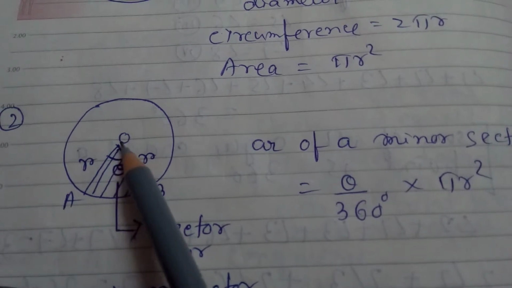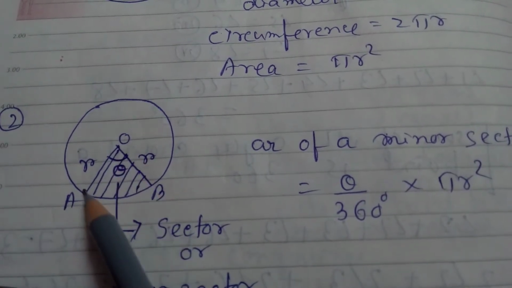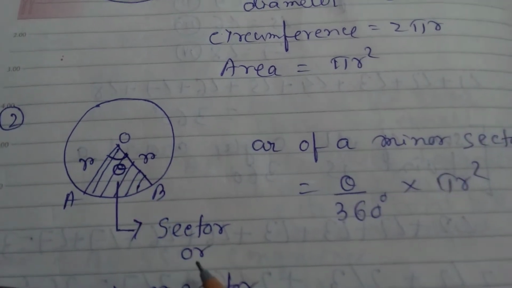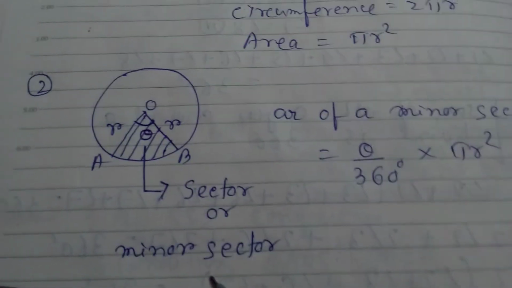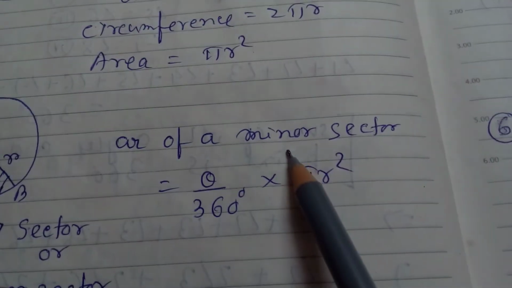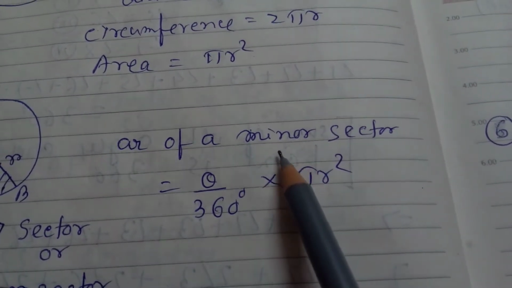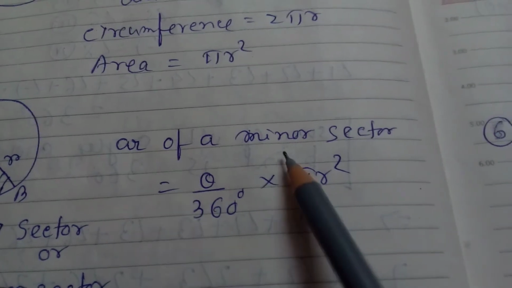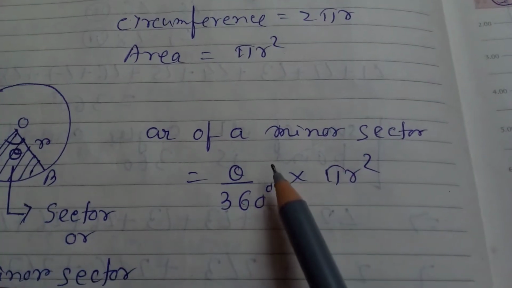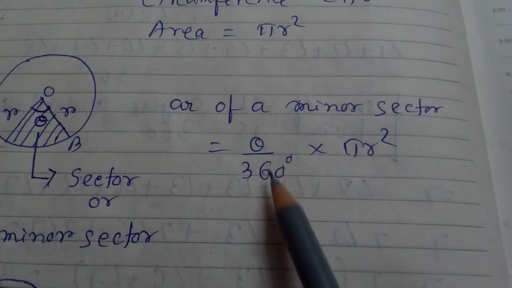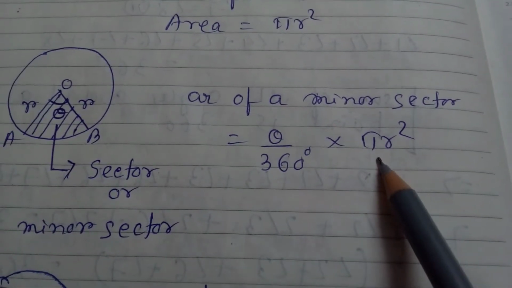The region between the two radii and the included arc is known as the sector or minor sector. Sometimes the word minor is not written, so area of the minor sector or sector is the same thing. Area of the minor sector is theta by 360 into pi r square.